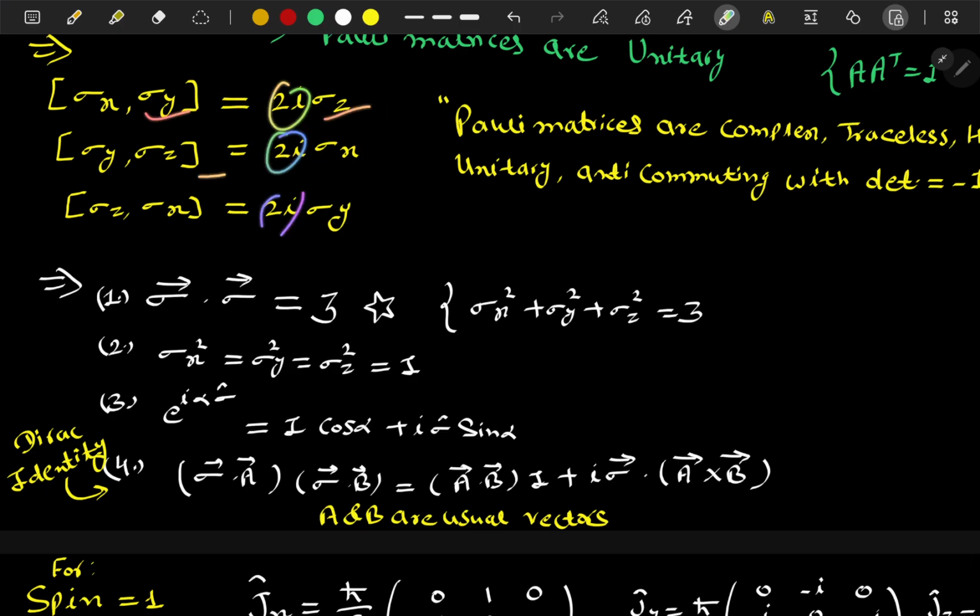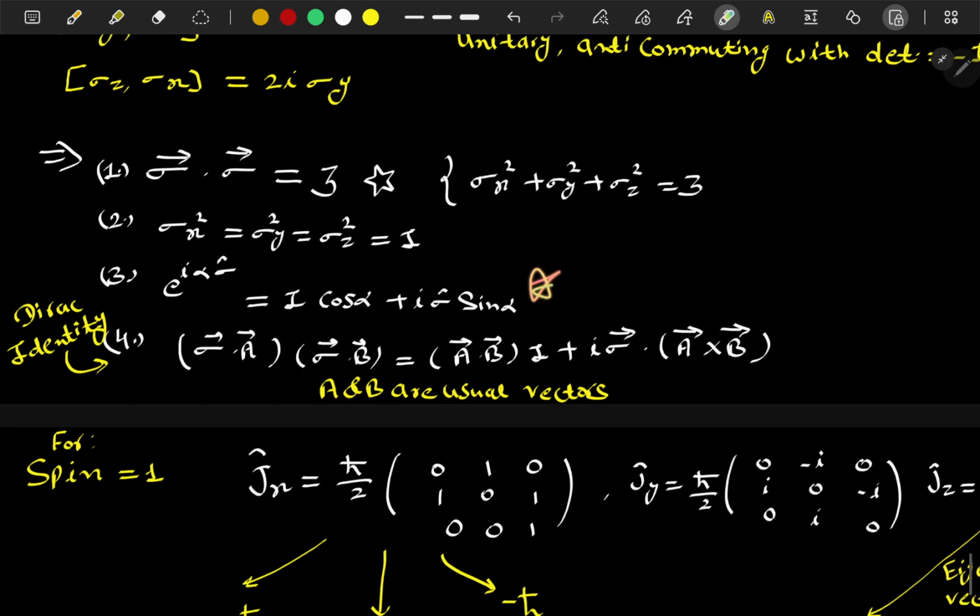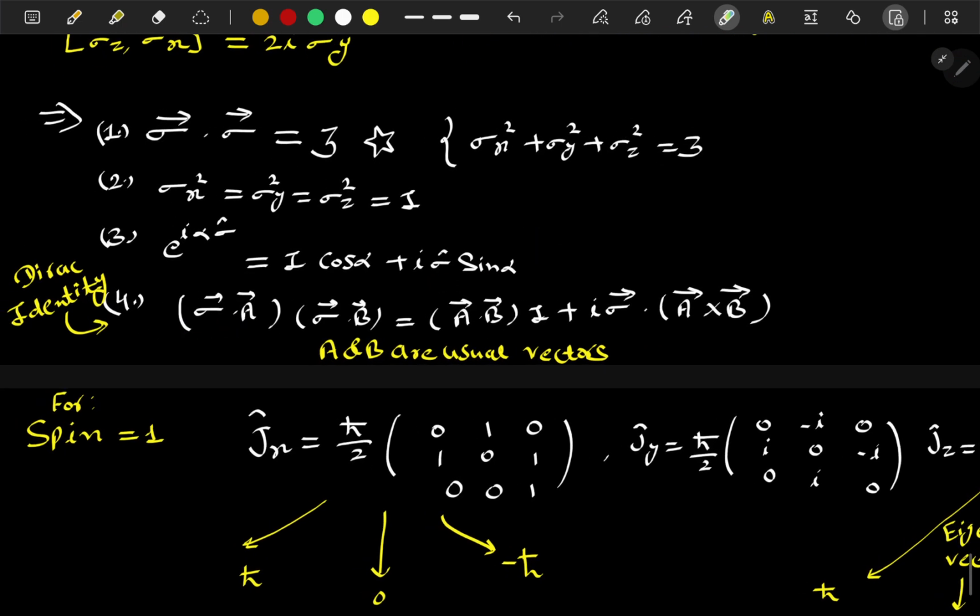Sigma dot sigma equal to 3, sigma squared equal to identity matrix, and e to the iota alpha sigma dot n equals I cos alpha plus iota sigma dot n sin alpha. Remember this. Now the identity for Pauli matrices is (sigma dot a)(sigma dot b) equals a dot b I plus iota sigma dot (a cross b).